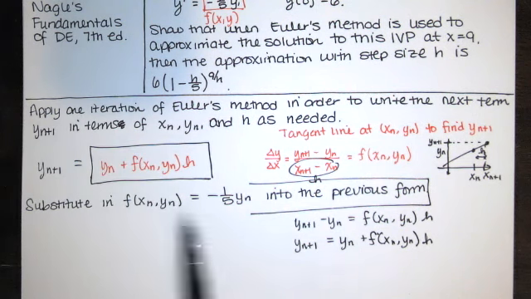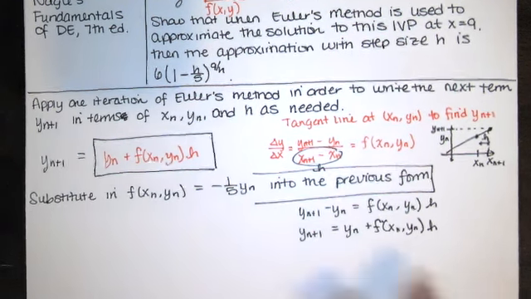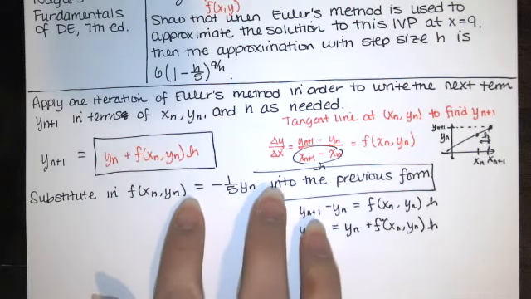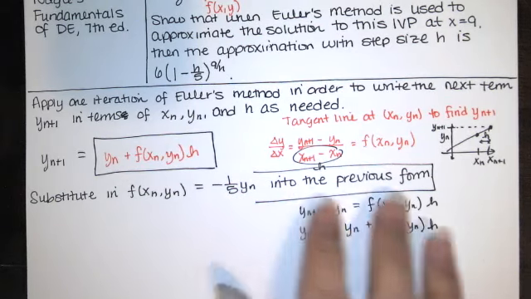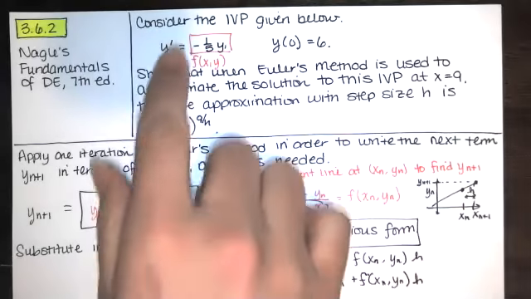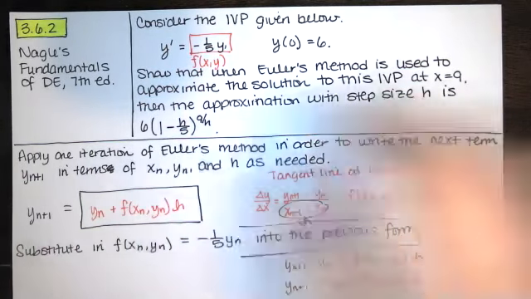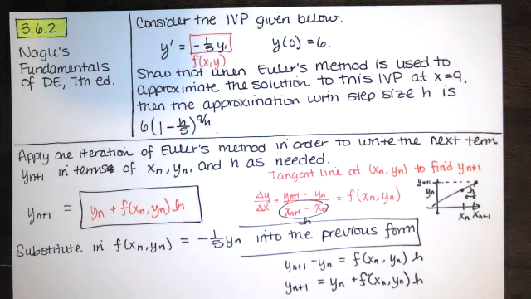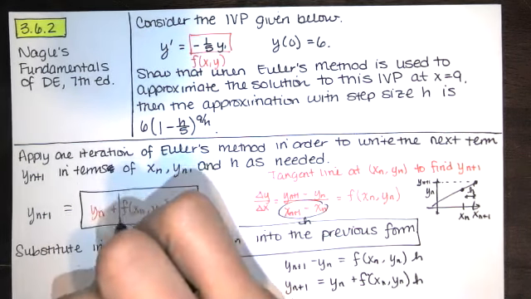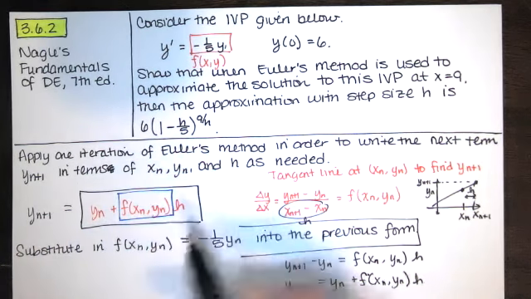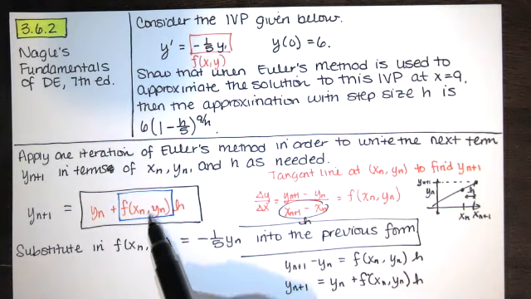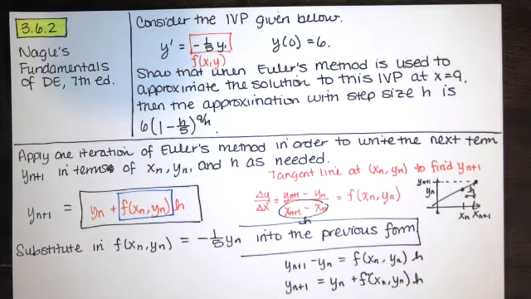Okay, so then in the second part of this question, it says, now substitute f of x sub n, y sub n equals negative 1/5 y sub n into the previous form. So basically all they're having you do is replace this function right here, f of x sub n, y sub n, with the appropriate expression given this differential equation.